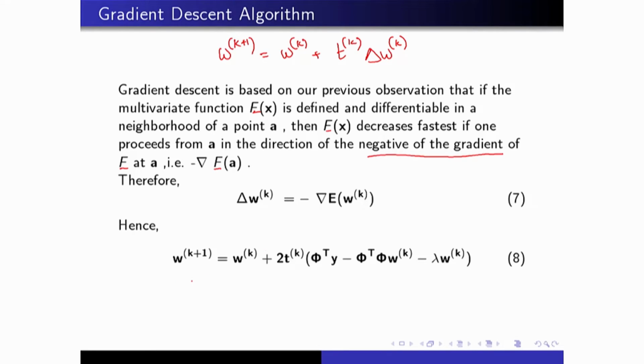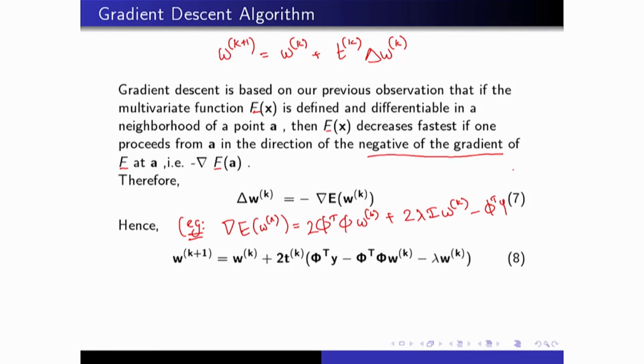So for example, if we consider the ridge regression problem, we had found the gradient of the error function at w_k to be 2 Phi transpose Phi w_k plus 2 lambda I w_k, that is basically 2 lambda w_k minus Phi transpose y.